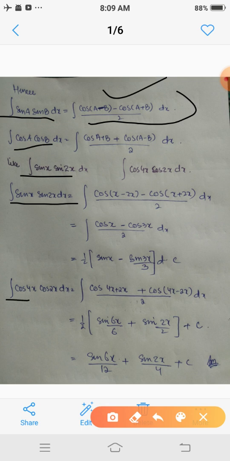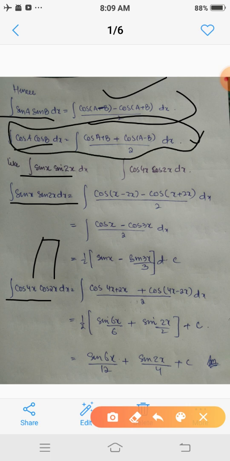Similarly, we have cos 4x cos 2x. Here a is 4x, b is 2x. So using a equals 4x, b equals 2x in this integral, we will get 1 by 2 cos (4x plus 2x), which is cos 6x.